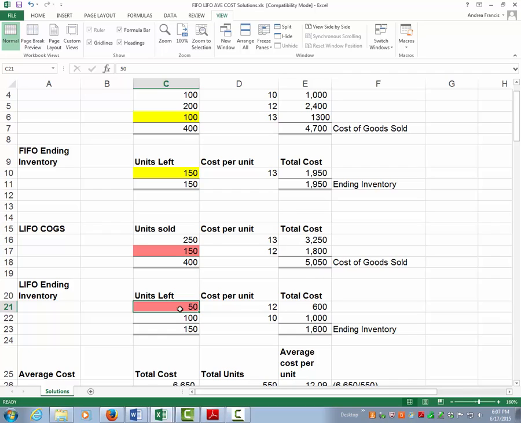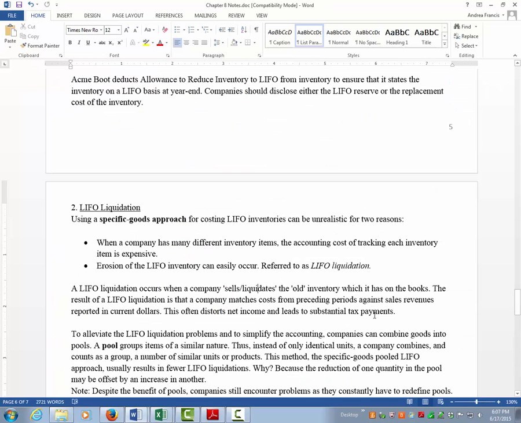So this company is using units, and as a result, if it sells any of these items, it's going to be selling the older units at a cheaper price, and it would result in a lower cost of goods sold.